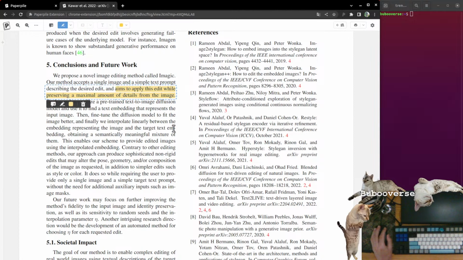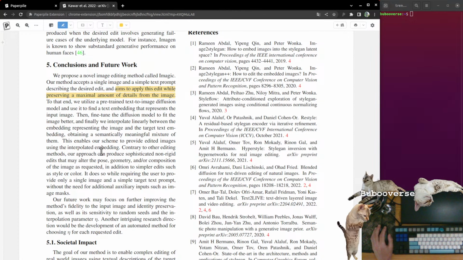Yeah, I would push back against this. This isn't really preserving the maximum amount of details. The reason you're preserving all these details is partially because you're doing it in 64 by 64 pixels, and then you're using super resolution models that are also fine-tuned for the specific thing to go up.